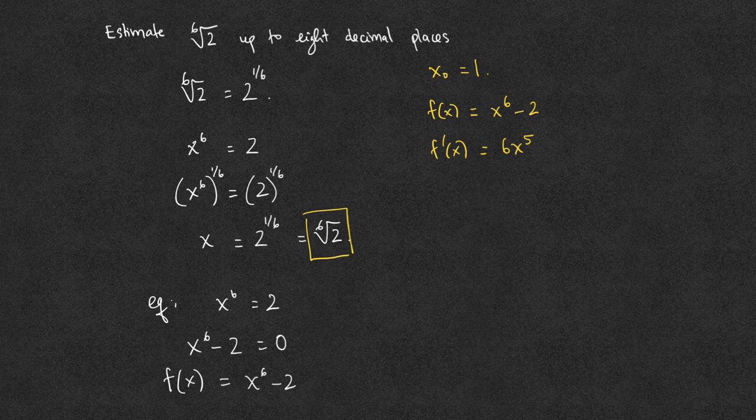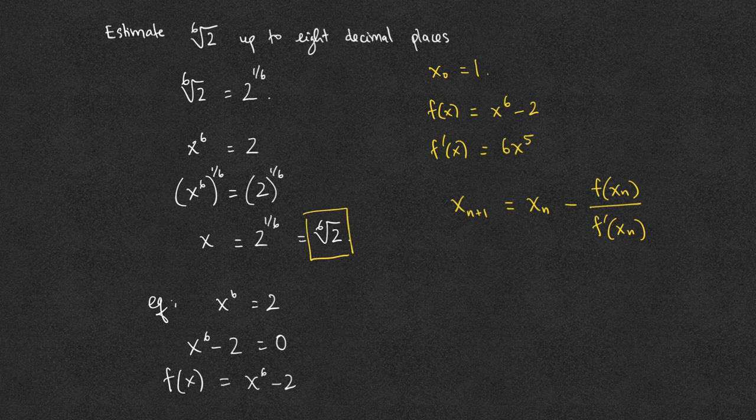Newton's method states that x sub n plus 1 equals x sub n minus f of x sub n over f prime of x sub n. At any step, we can use the previous guess to find the next x values. If these x values converge to a finite number, then it will be the solution.